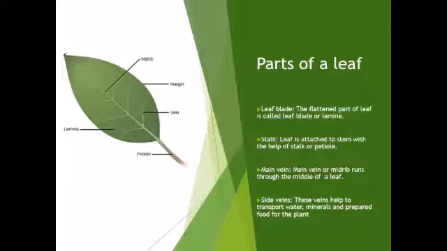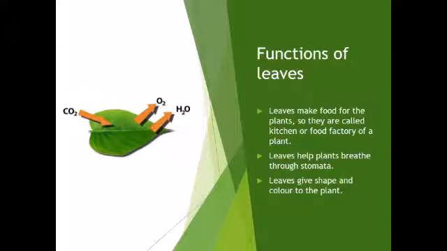These are called side veins and these veins help to transport water, minerals and prepared food for the plant. So the function of main vein and side veins is to transport water, minerals and food for the plant.